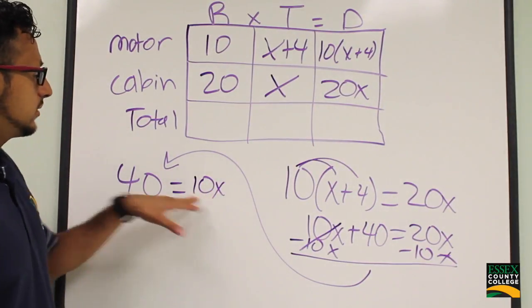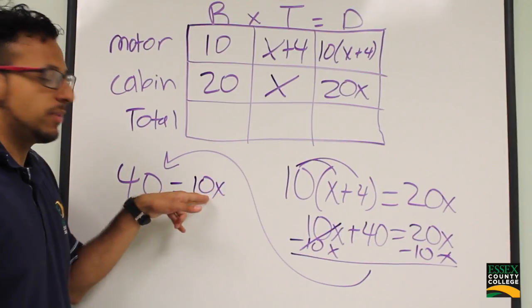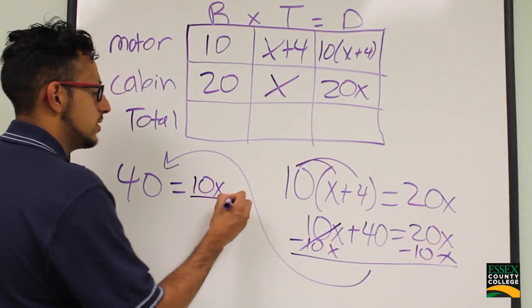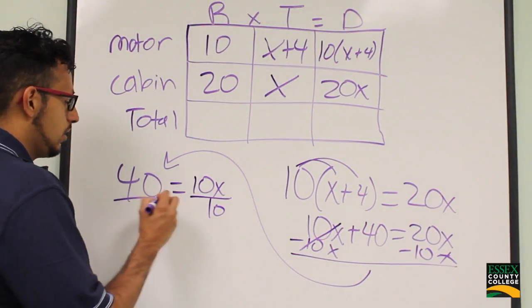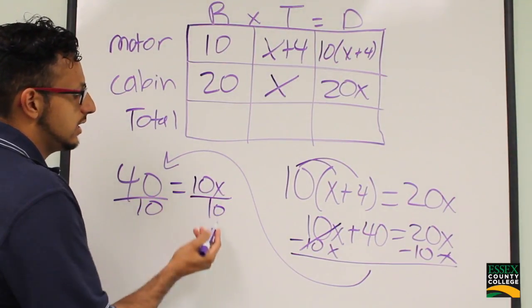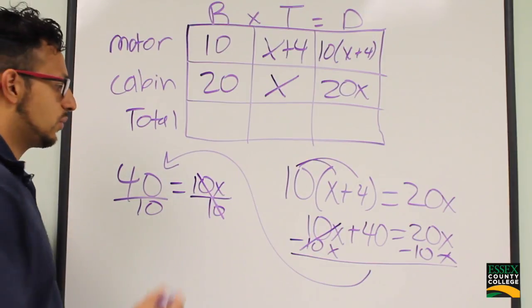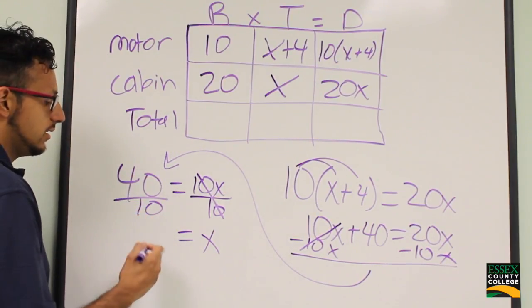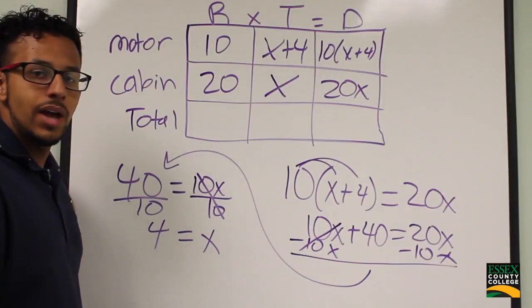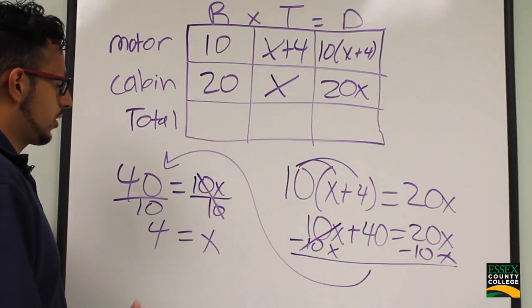Now to solve for X, 10 times X is multiplication. We have to do the opposite, which is division. So we're going to divide by 10 in order to cancel out the 10. We have to divide both sides. So 10 divided by 10 cancels out. We're left with X is equal to 40 divided by 10, which is 4. So we have X is equal to 4.